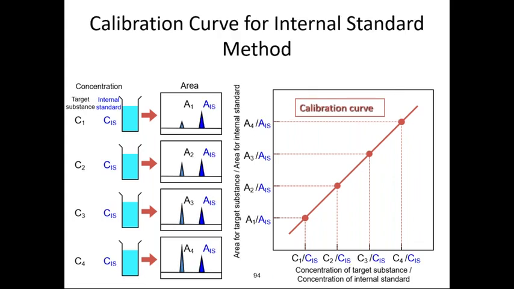You can also use the calibration curve by the internal standard method, where you inject different concentrations of the analyte and different concentrations of the internal standard, and get the areas of the internal standard versus the target substance, and the ratios of the areas can be computed and plotted to give you a straight line.